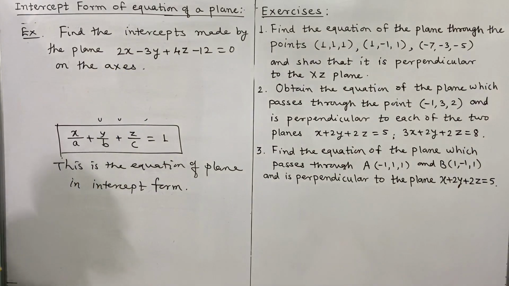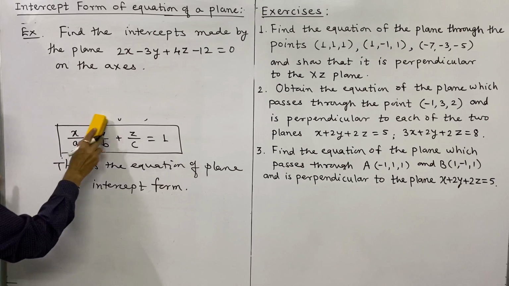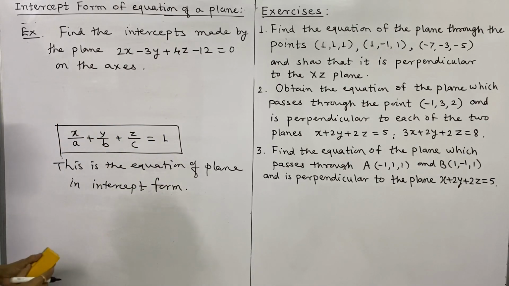What we have to do is put this equation in this form, where the denominators of x, y, z give the direct intercepts of the plane on the coordinate axes.